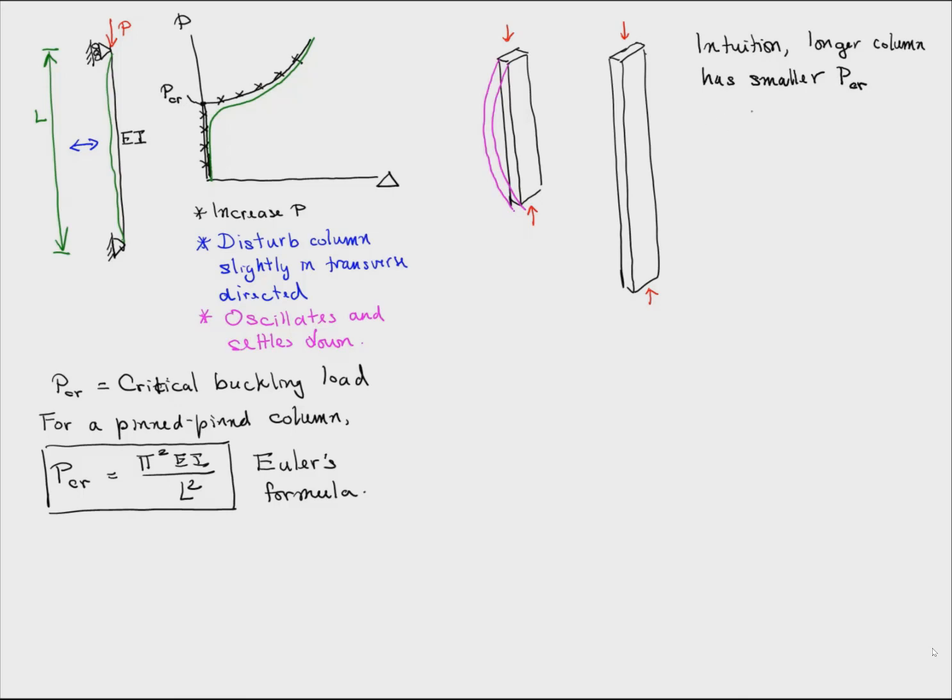So L must be in the denominator of the buckling formula. So we see that as L increases, P critical decreases, and we notice here that L is indeed in the denominator.